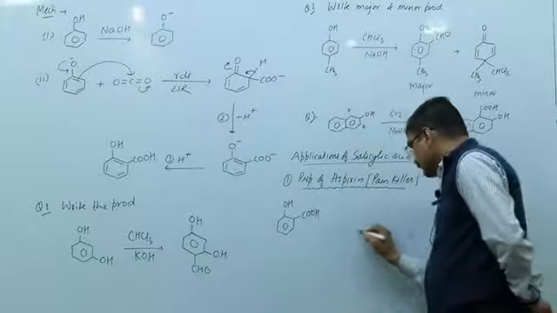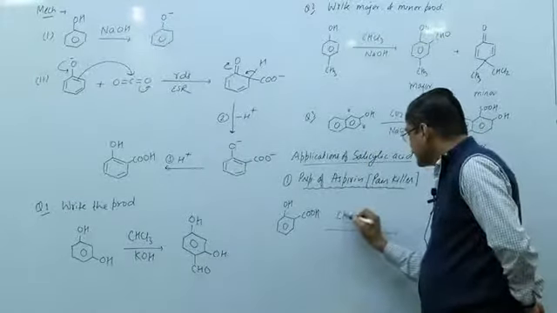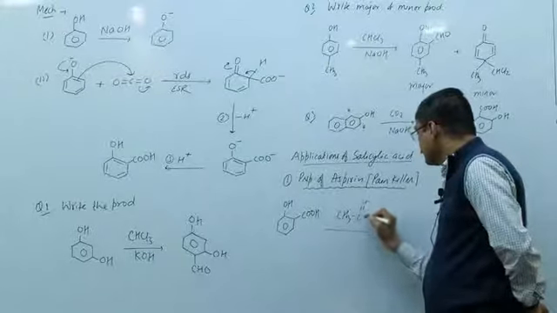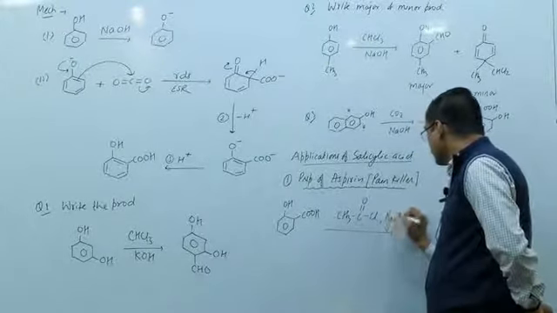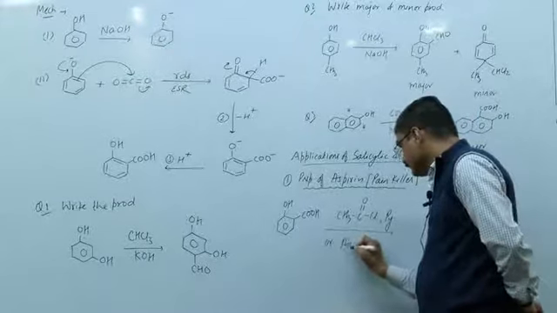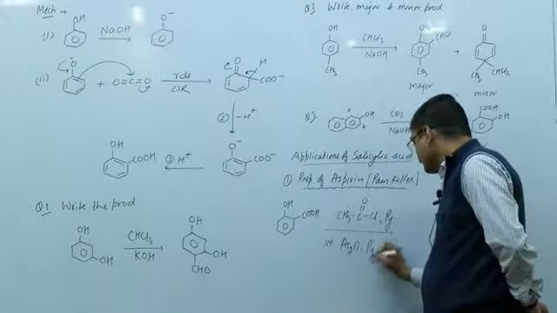Aspirin is obtained by the acetylation reaction, by acetyl chloride or acetic anhydride.